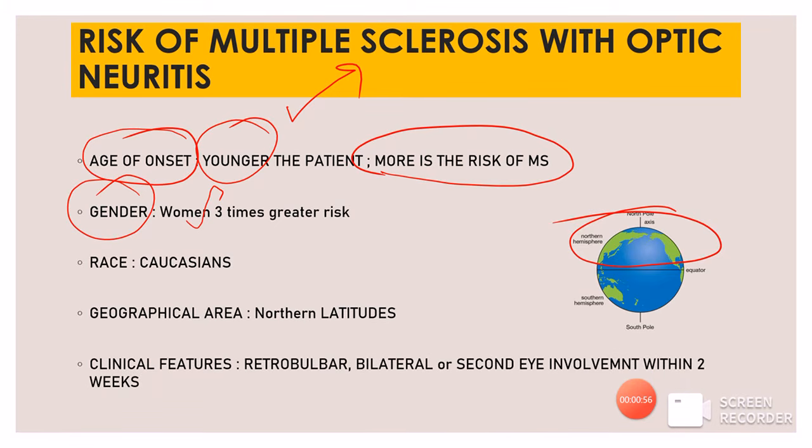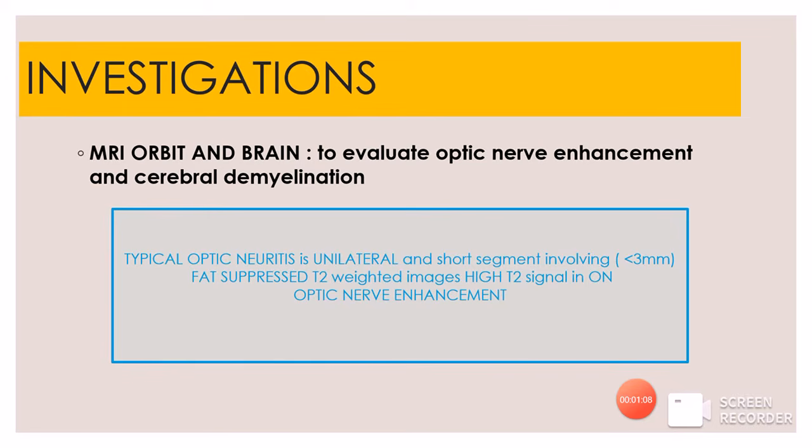And clinical features, as I told you: retrobulbar involvement, mild papillitis, and sequential involvement of the other eye within 2 weeks are also risk factors for developing MS, or multiple sclerosis. So for such patients, it's very important to send the patient for investigations, right?